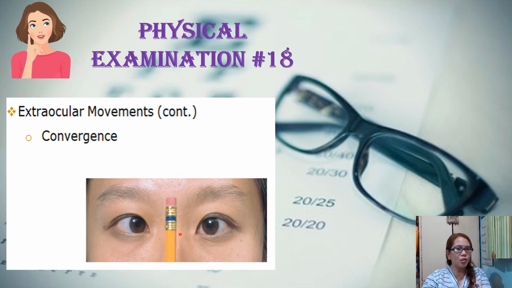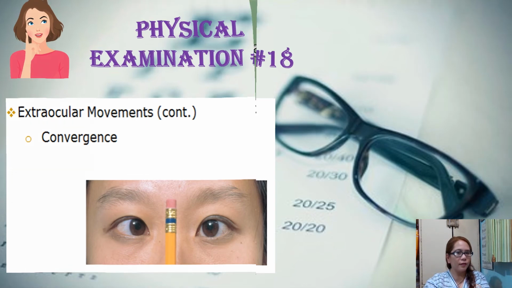We depend on this visual skill for the near work activities, such as desk work or yung mga ginagawa natin na kailangan natin tingnan sa near vision natin. Does the eye converge?